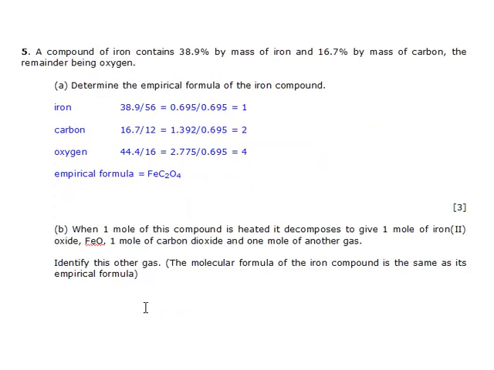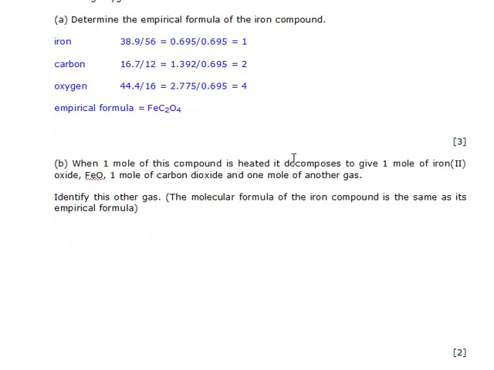1 mole of this compound is heated, it decomposes to give 1 mole of iron(II) oxide. So let's put our chemical down here. This is our chemical, FeC2O4. This is going to be heated, and it's going to give FeO. What else can it give?